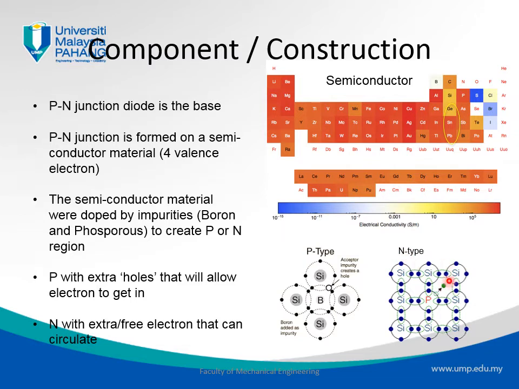N-type has free moving electrons, P-type has moving holes. We call them holes because we have fewer electrons. But of course, these two materials, P or N region, are both neutral. It's just that P has extra holes and N has extra free electrons that can circulate.